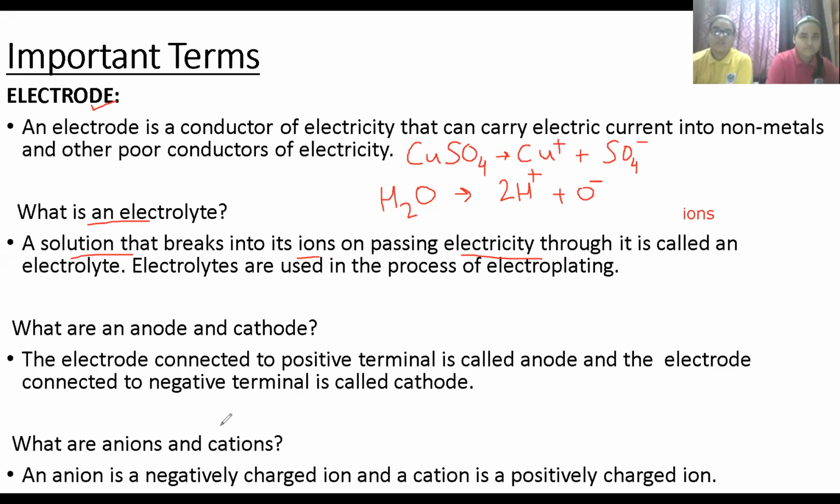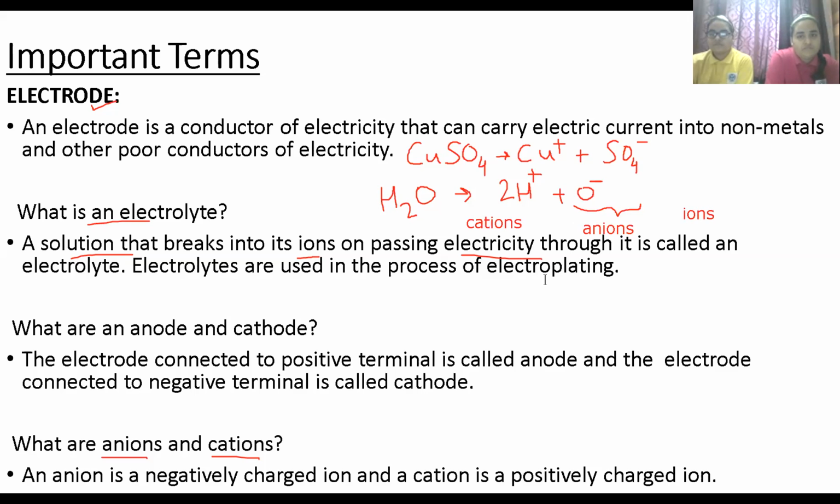here you can see there are two words, anions and cations. The negative ones are known as anions. And the positive ones are known as cations. Understood all of you? When molecules get separated, they acquire a charge.